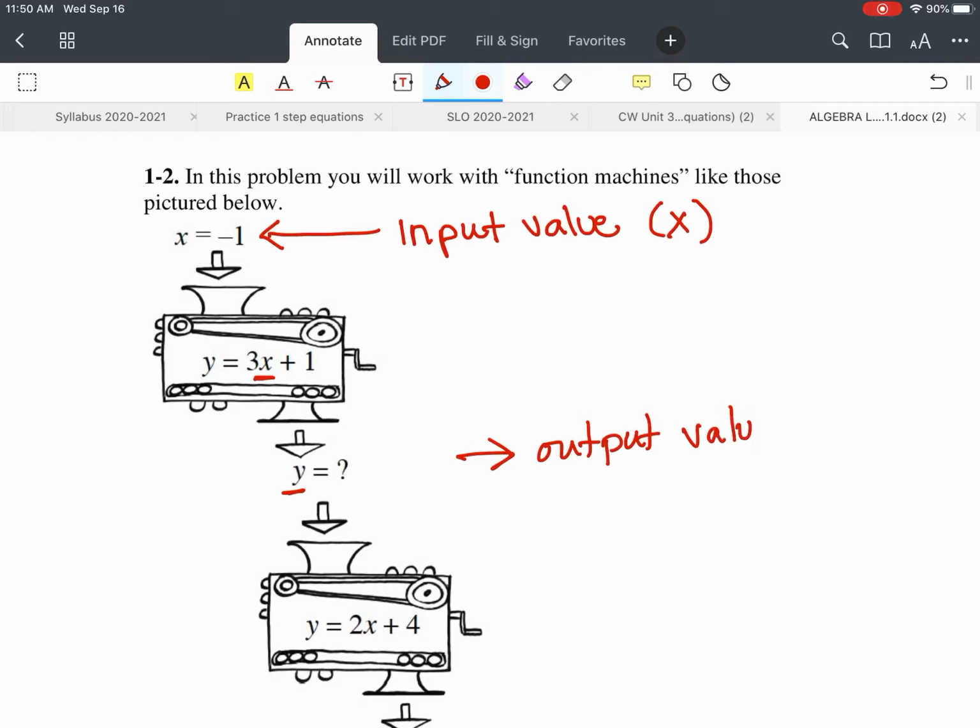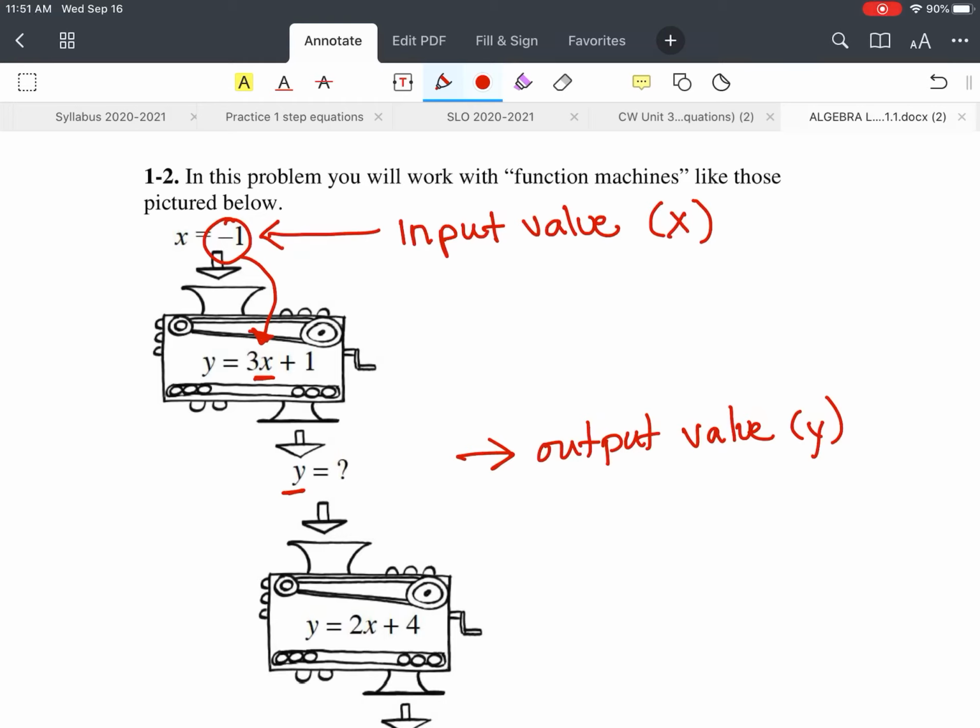So if I'm writing notes down, you're writing notes down, and remember, you are turning these notes in for points. This way I know that you're actually doing the work. So we're going to do some work right now. We're going to take this -1 and replace this x value with it. Now remember, when you see a coefficient, which is your number 3, and a variable next to each other, the math operation that you are performing is multiplication.